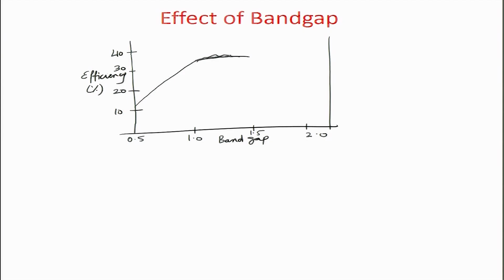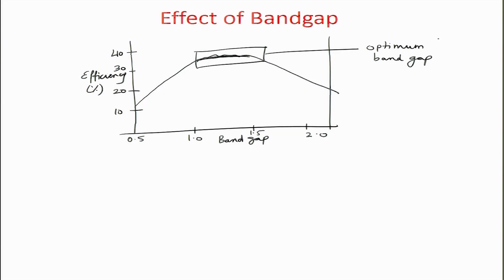It is not exactly flat, it has some sort of ripply kind of behavior, and then within this range of 1 to 1.5 these are, you can say, the optimum band gaps. Of course, there is a whole thermodynamic analysis behind it that you can do to find out the exact band gap, and this is that AM 1.5 G, that is 1 sun.